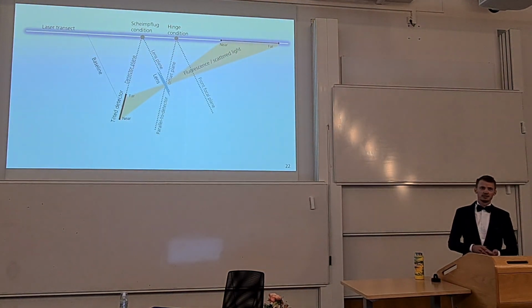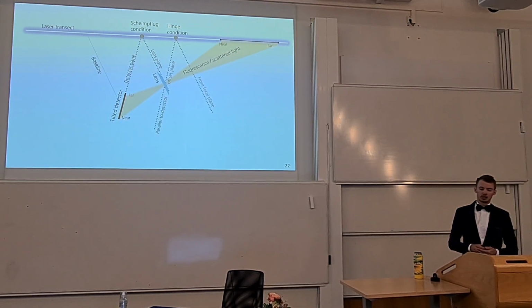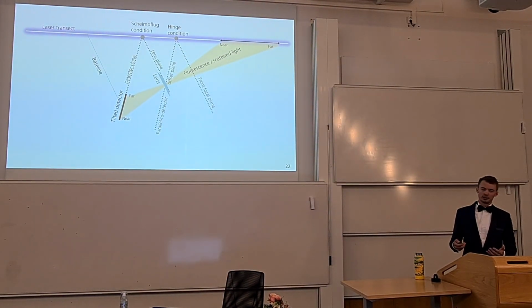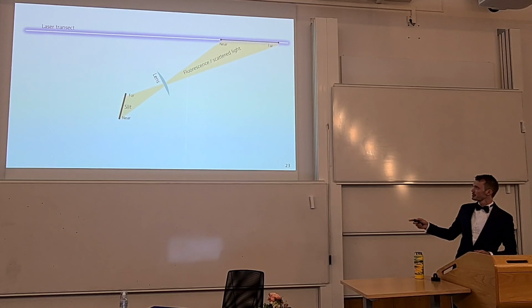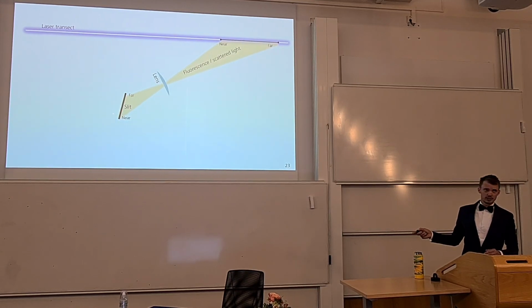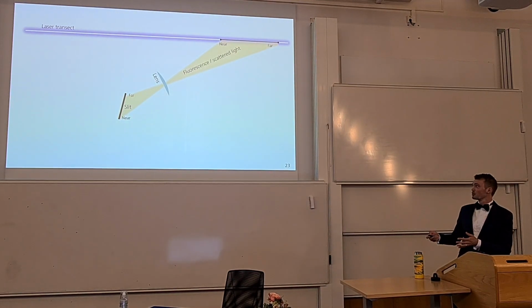But I said that this is a hyperspectral Scheimpflug lidar, or hyperspectral lidar. So this becomes a bit more complicated. So now, instead of this detector, we have a slit. So I'm going to clean up all of these lines. So we replace the detector with a slit. So now the light will travel through that slit.